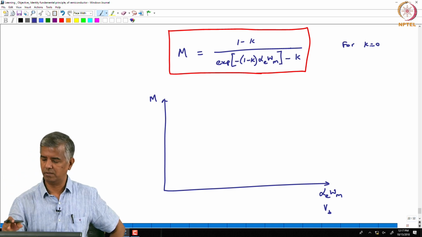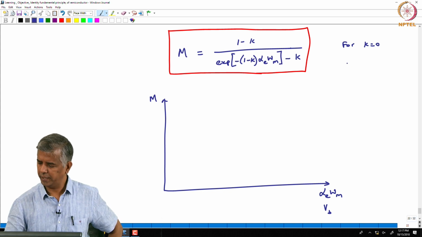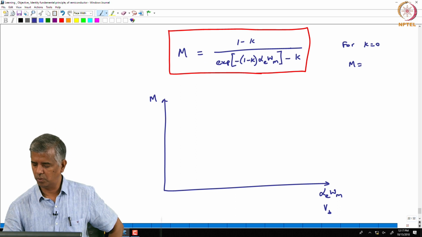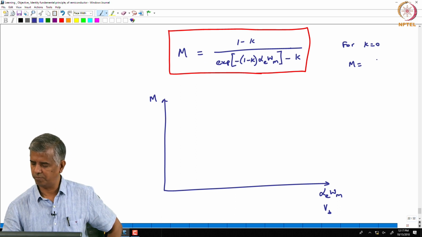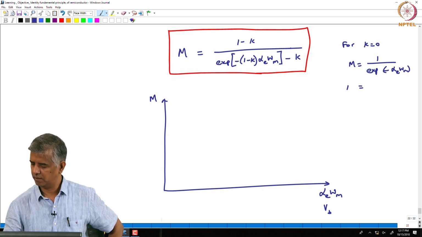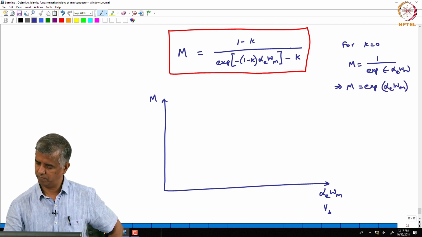If k is 0, then you get M equal to 1 over exponential of minus alpha e W m, which you can write as M equals exponential of alpha e W m.